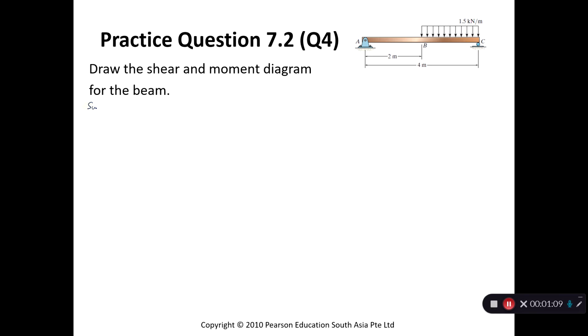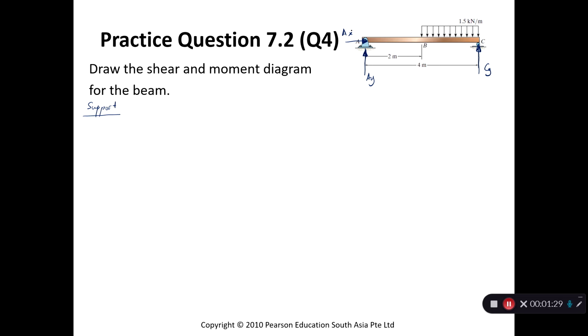Right, so support, of course, here we have AY, AX, because it's a pin support and this is a roller, so there's CY.